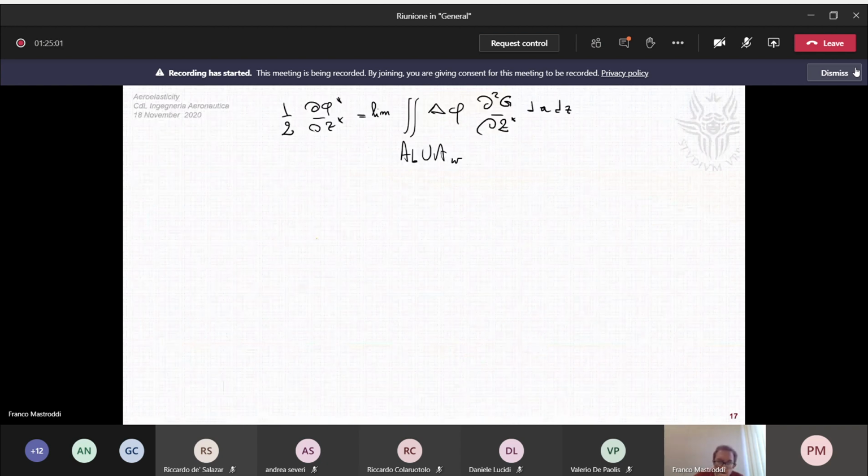So here I should write limit for zeta star going to 0. We can also introduce dimensionless quantities.